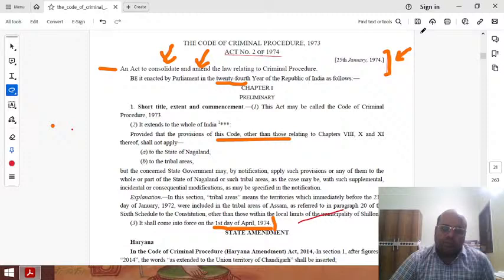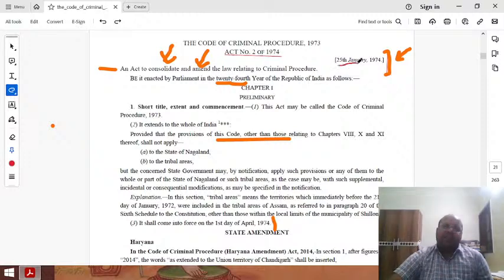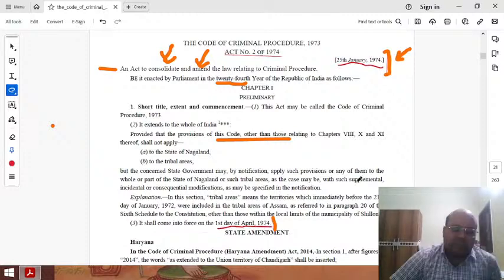So you can see that it received the assent of the President on 25th of January 1974 and it came into force on 1st day of April 1973. These two dates are to be remembered.